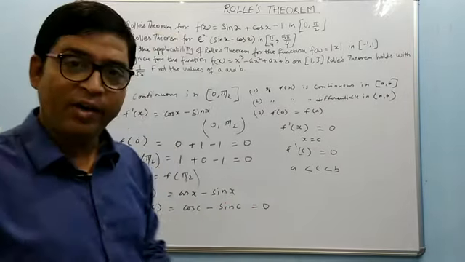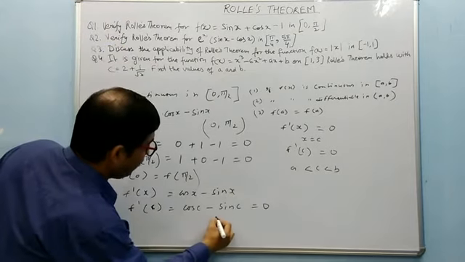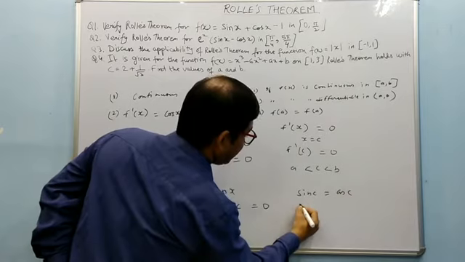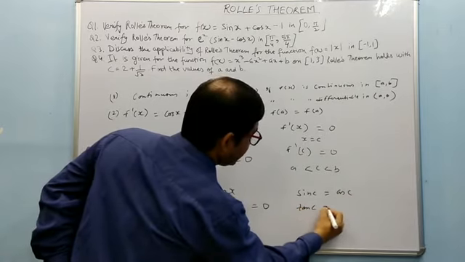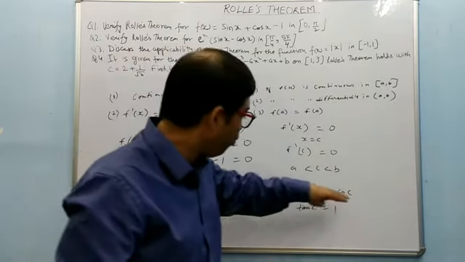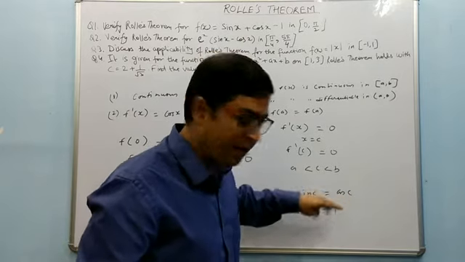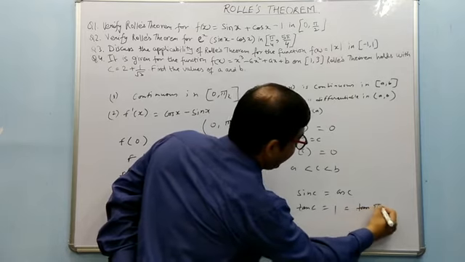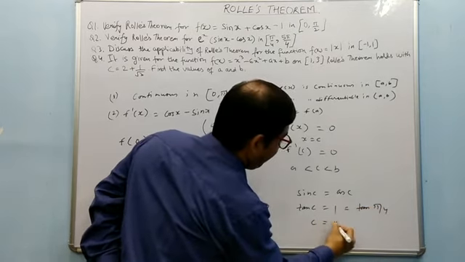We have to get the value of c. So sin c is equal to cos c. We can just write tan c is equal to 1, because I divided both sides by cos c. And tan is 1 at 45 degrees. So c is pi by 4.